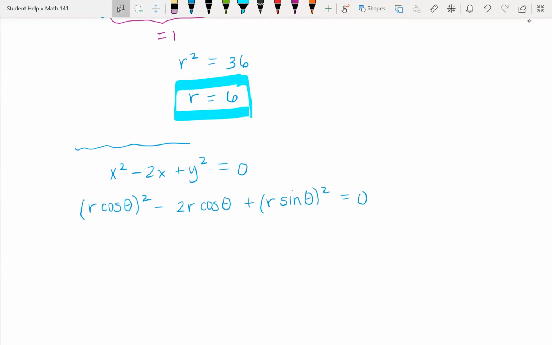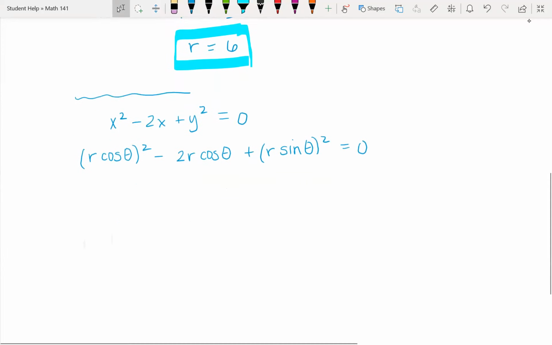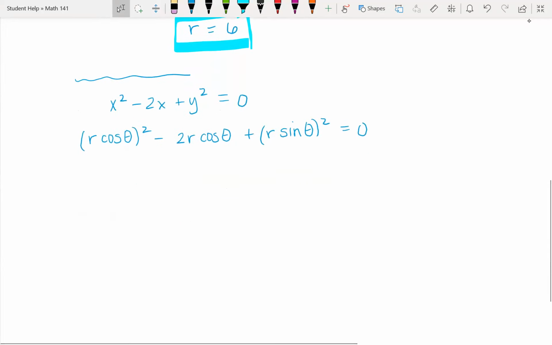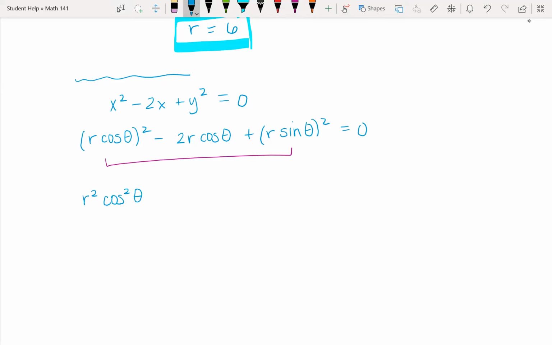Okay. So I'm going to take these two and put them together because it's kind of like the problem we were just doing. I'm going to have r squared cosine squared theta plus r squared sine squared theta, and then just leave this minus 2r cosine theta over to the side here.